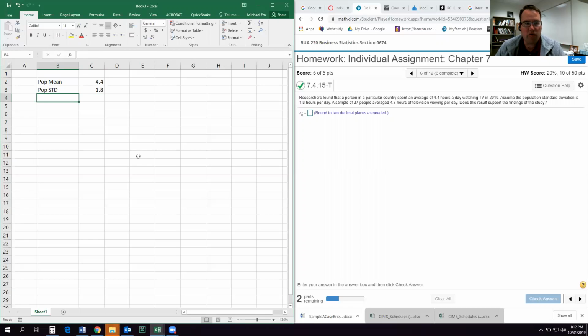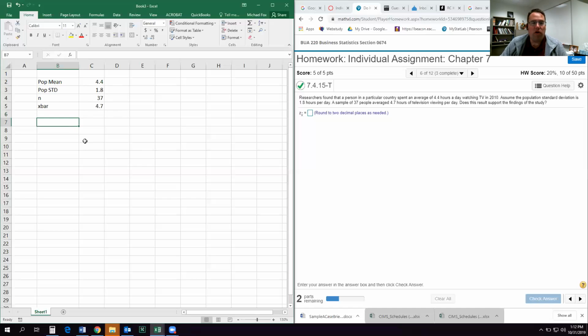We know we had a sample size of 37 and X bar, or the sample mean, of 4.7. So this is just another way of asking us, what is the probability that, given these population parameters, we would find this statistic, this sample mean, in a given sample.